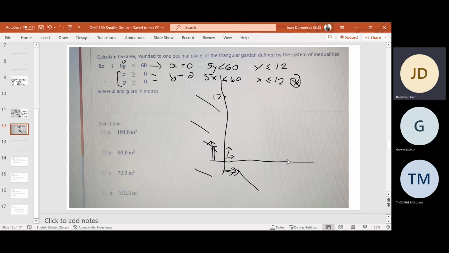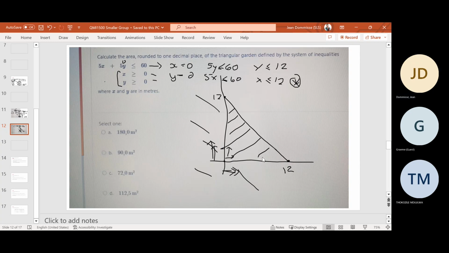So there we have a point of 12. We basically link the two. And what they want us to then say is, what is the area that you have calculated? Both of them say smaller, so this is the area that will be covered.